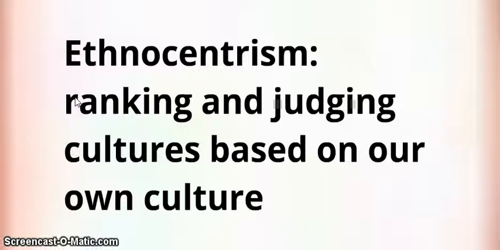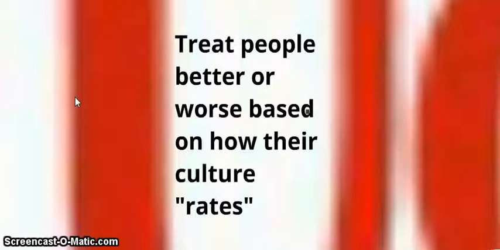And then lastly, we get to the ugly, and of course we've seen a lot of this in our own history. Our country has a very storied history with this. One of the things we've seen is that people are treated better or worse based upon how their culture or group is rated. So it's ethnocentrism in action.